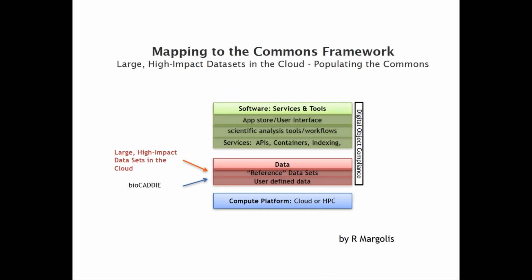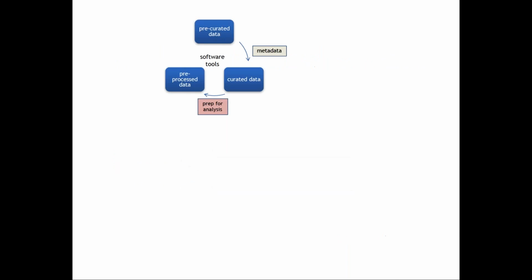And in his slide here, he shows the stack of items that are anticipated for the commons and how data and reference data sets are such an important foundation for that. And with that, all digital objects as well, with software, with systems, workflows, and so on. And this is all on top of compute platform, which can be cloud, can be high performance computing clusters.